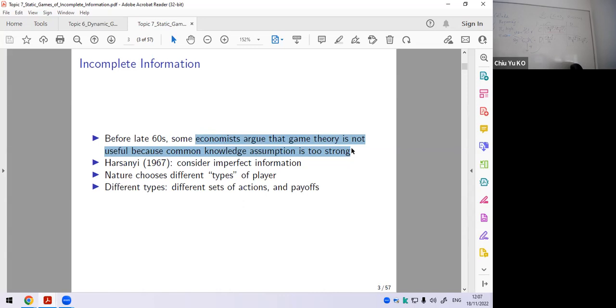So the breakthrough here is what we call imperfect information. It's not that you don't know; you just don't know which. Instead of saying you don't know your competitor's cost, you say your competitor's cost is either 5 or 10. Suppose your cost of production of a good is 5, you know it's 5.